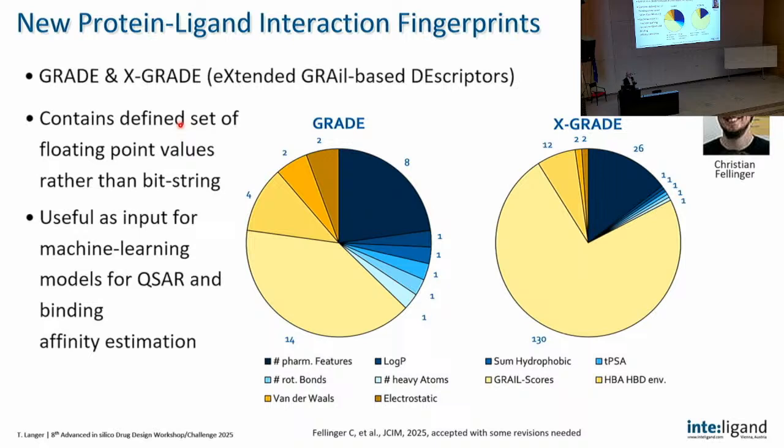These are pharmacophore-based descriptors of a compound in a complex with a protein, taking into consideration the interaction probability from the protein and from the ligand, and transforming this into pharmacophore interaction regions, these GRAILs here.